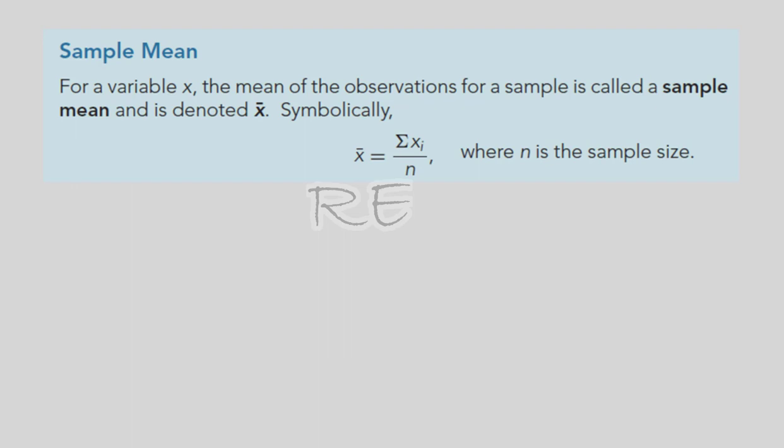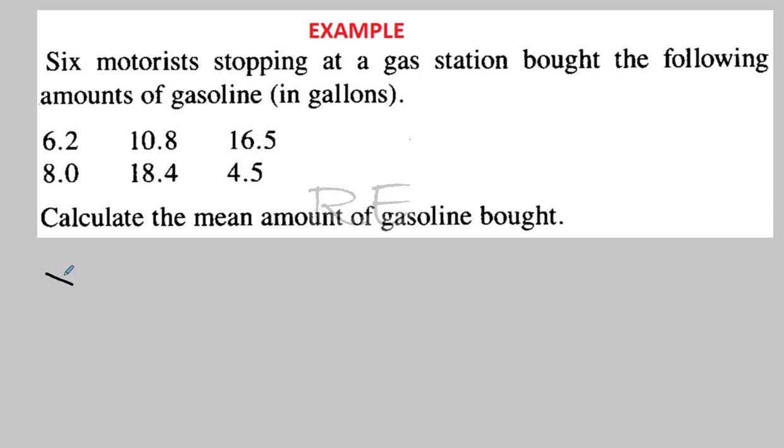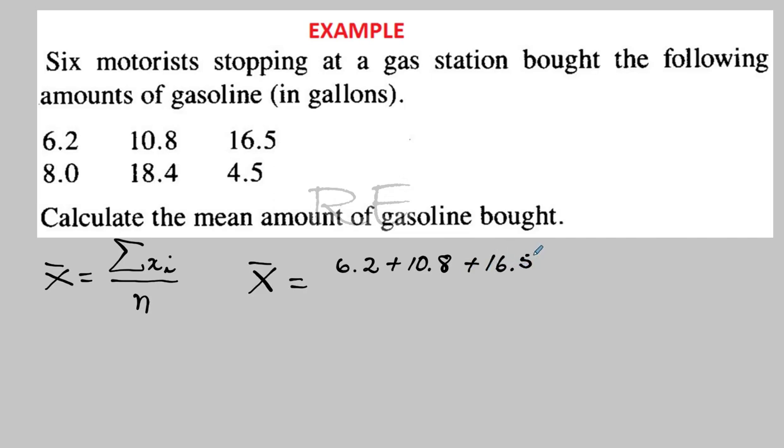Using the sigma definition, the mean is the sum of all the observations divided by the number of observations. Now, in this example, these are the amounts of gasoline bought by 6 motorists. The mean will be the sum of all the observations, the amount of gasoline bought, divided by the number of motorists, divided by 6.